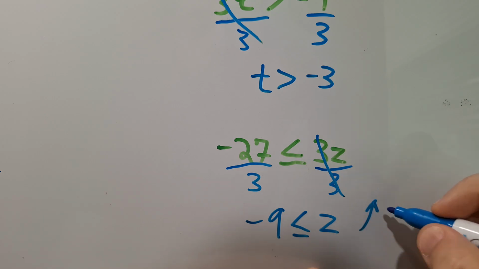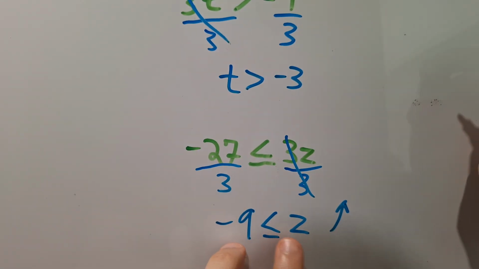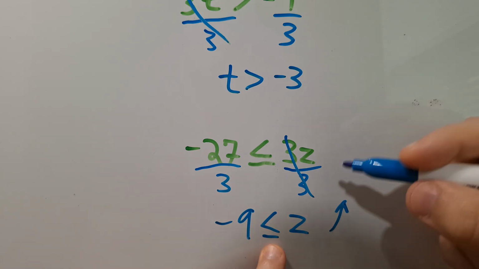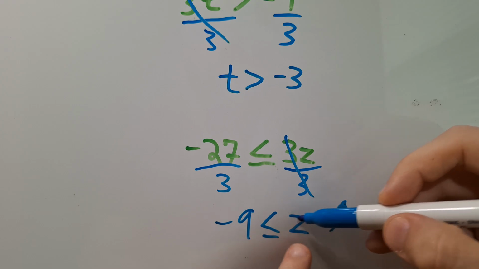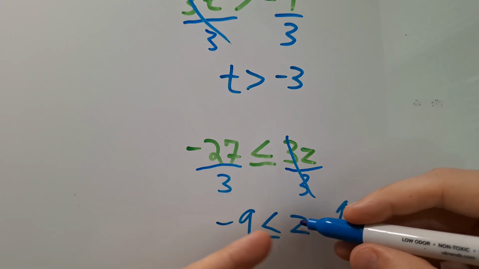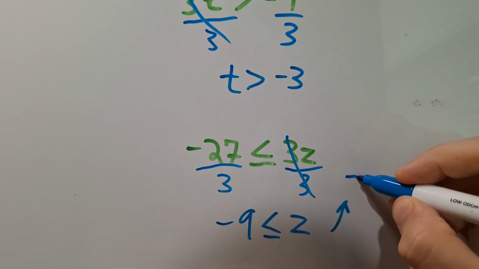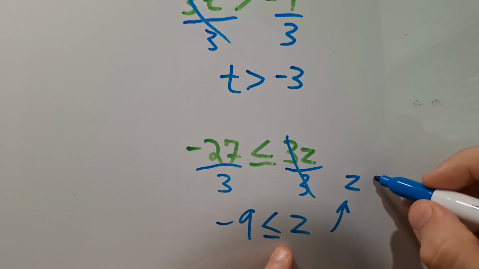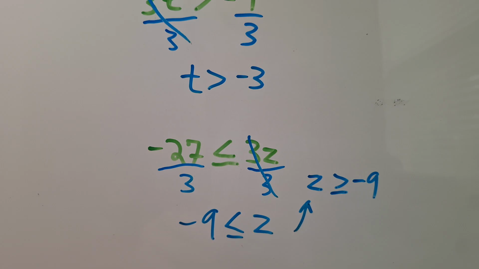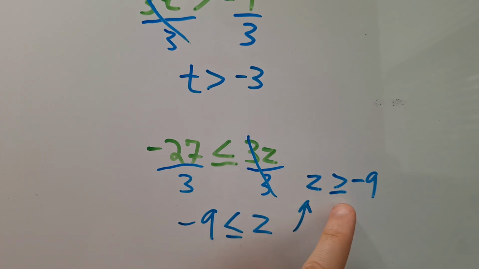You can also say it another way just by switching the two parts of this inequality, but remember to keep the inequality open to whatever it's facing, whether it's the number or the variable. So in this case, because the inequality is open towards the variable, we can rewrite this as z is greater than or equal to negative 9. Two representations telling you the same thing: negative 9 is less than or equal to z, and z is greater than or equal to negative 9.